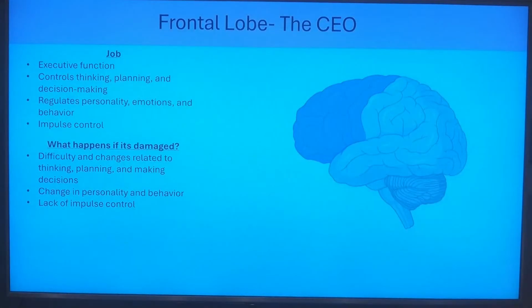All these things kind of do a 180. So you have difficulty with regulating your emotions. You have difficulty with thinking, planning, making those decisions. And in fact, there's a lot of research on this one specific disease called frontotemporal dementia we'll touch on, where it really damages this part, and people do a 180.